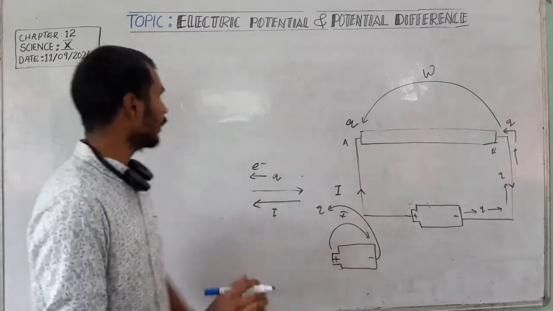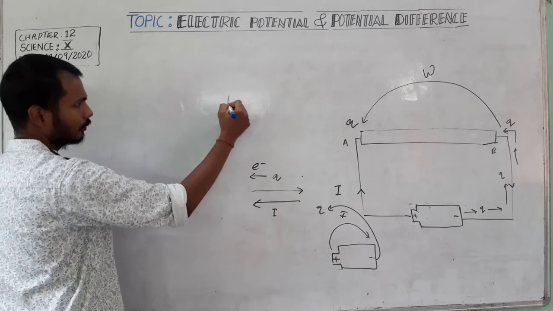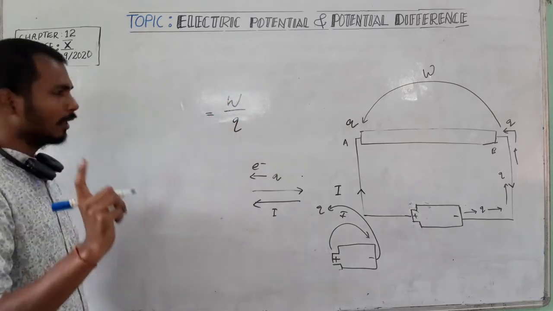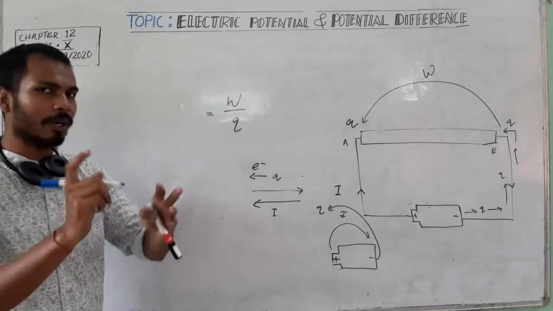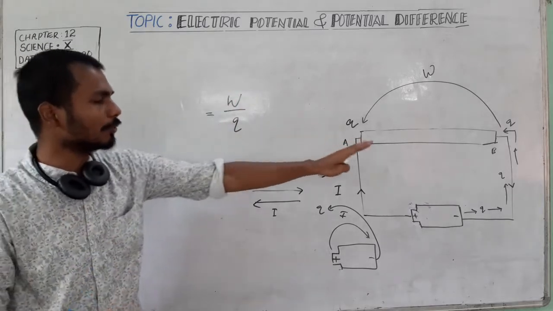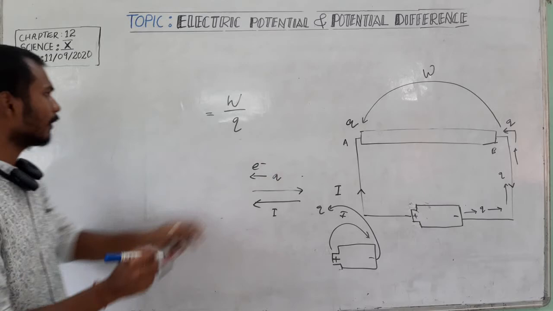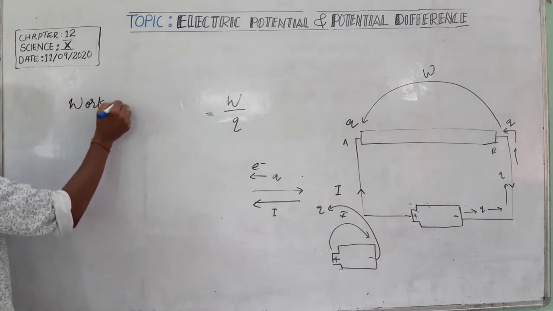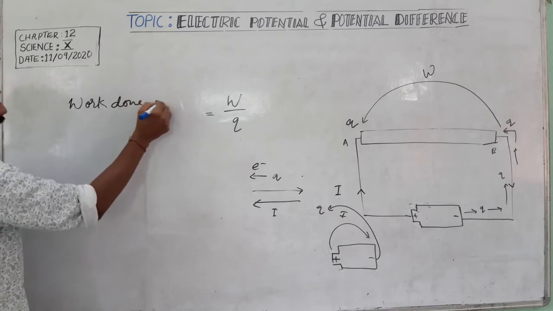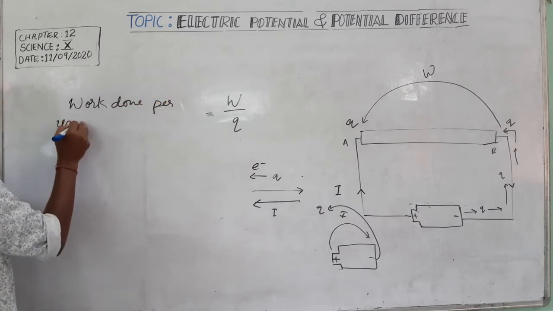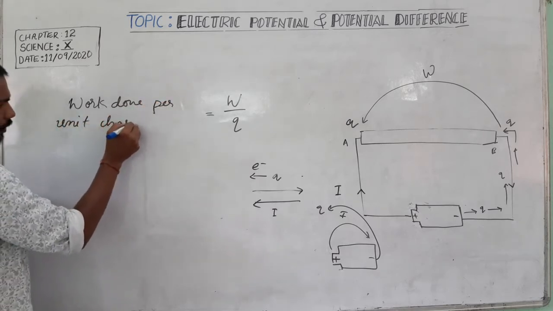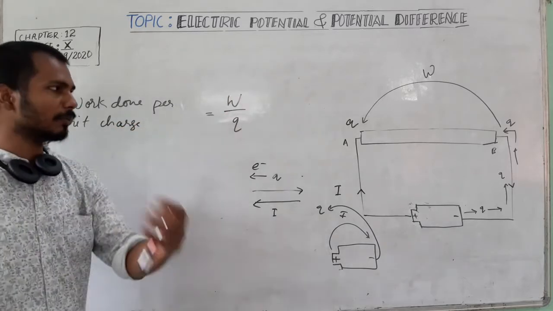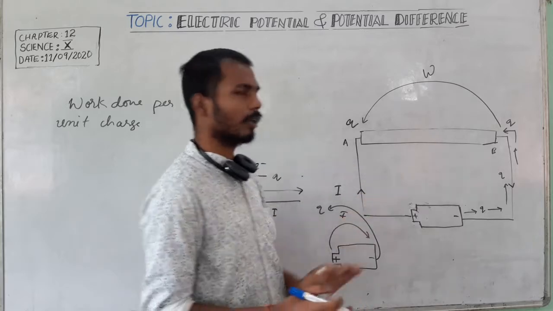So we can write W by Q. W by Q is the work done per unit charge in moving the charge from that point to that point. This is the work done per unit charge.